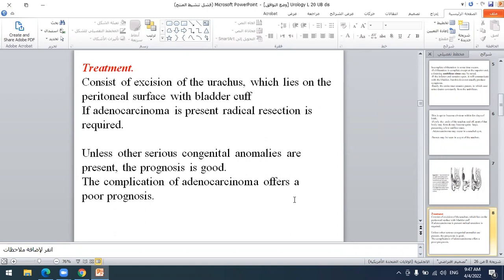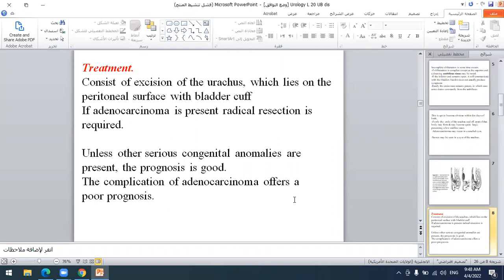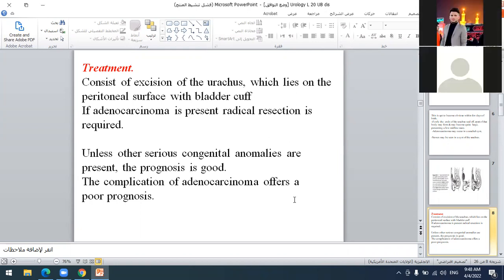Sometimes we find there is an adenocarcinoma. As you know, the most common type of bladder tumor is transitional cell carcinoma, so adenocarcinoma is considered a different and more serious condition. It may need cystectomy to cure the patient.